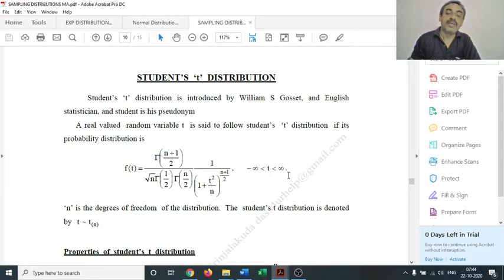Earlier we found the normal distribution with the total range of variation as minus infinity to plus infinity. So this also has some similarities with the normal distribution, other similarities in the sense of the symmetric property.